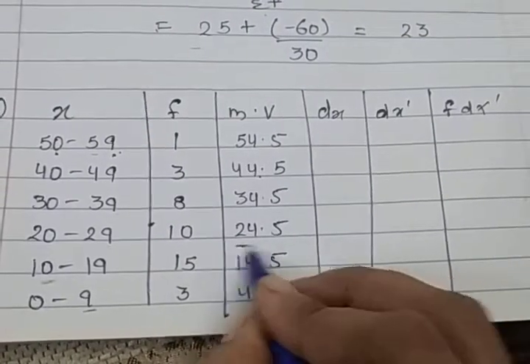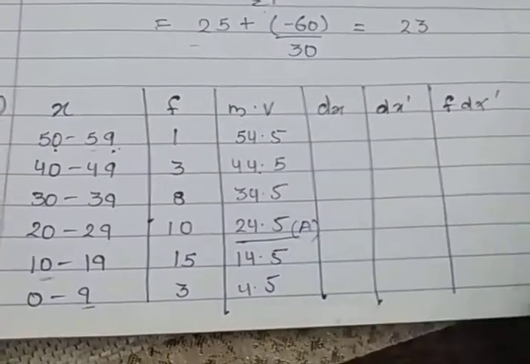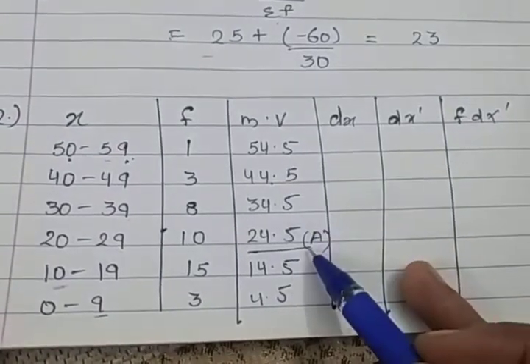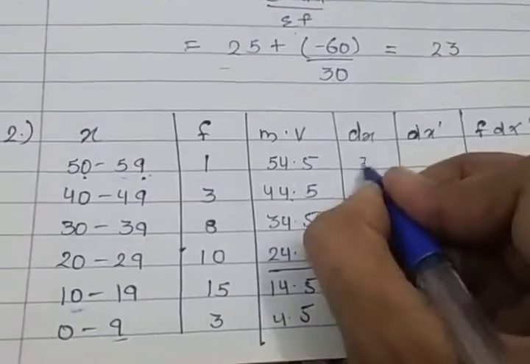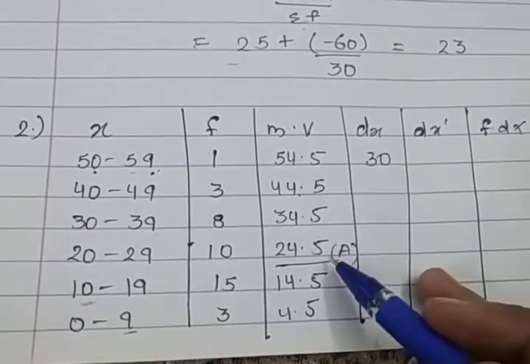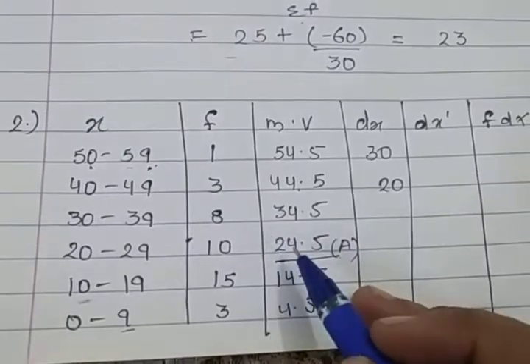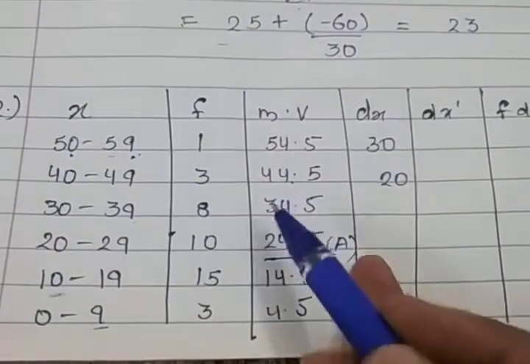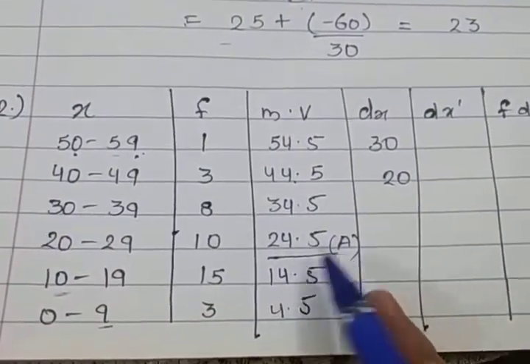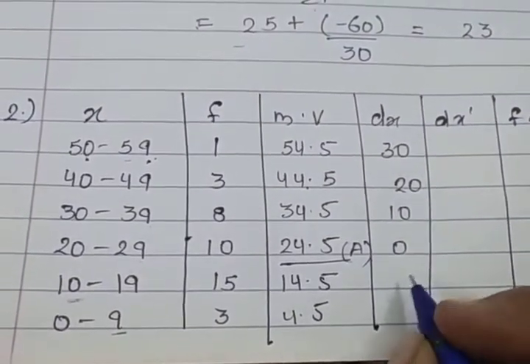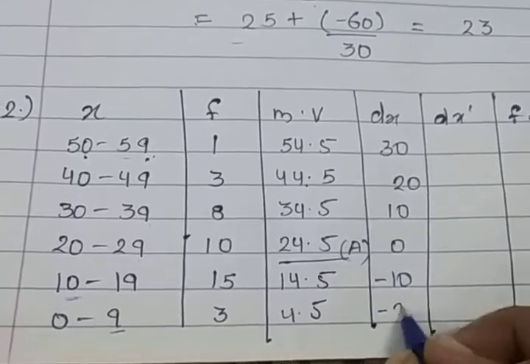I am assuming 24.5 as the assumed mean. So 54.5 minus 24.5 is 30, 44.5 minus 24.5 is 20, 34.5 minus 24.5 is 10, then 0, then minus 10 and minus 20.